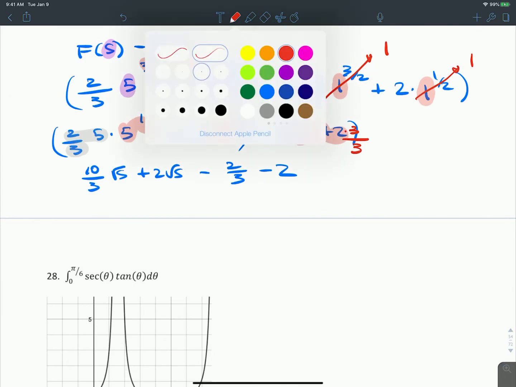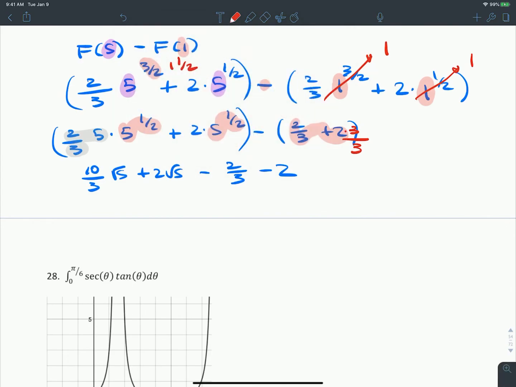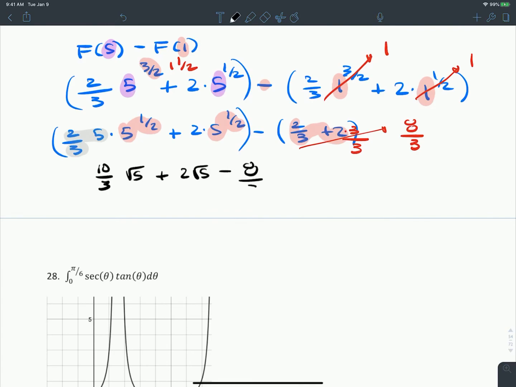So this is going to give us 2/3 plus 6/3. So 2/3 plus 6/3, this is going to give us an 8/3. So what I can do is simply the following. I can write my answer as 10/3 the square root of 5 plus 2 times the square root of 5 minus 8/3.